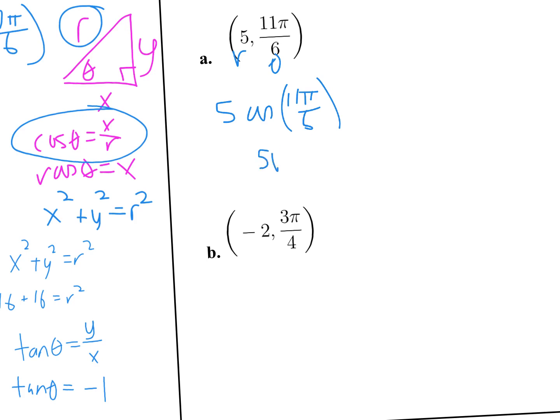So that's 5 root 3 over 2. And then for the y, it's r sine theta. So r sine 11 pi over 6. And so that's going to be 5 times a half, but negative. So negative 5 halves.